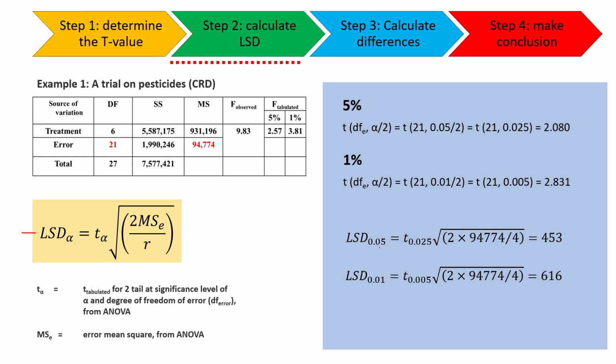So for 5% significance level, you bring in 2.080 times the square root of 2 times 94774 divided by 4 replicates, and you get 453 for your 5% significance, and for your 1% significance you get 616.